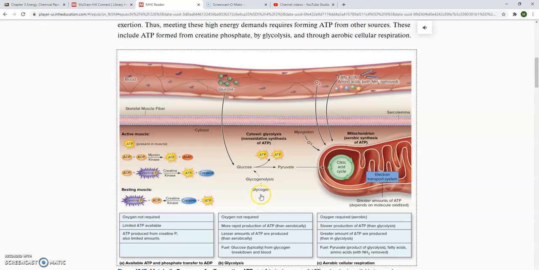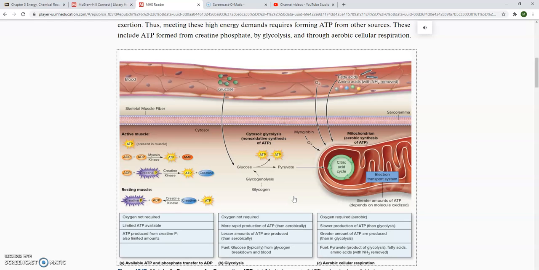But we can break glycogen down and release little individual glucose molecules, and that can provide the glucose for glycolysis too. All right, so again, this one doesn't require oxygen, similar to these. You do get lesser amounts of ATP compared to the last one we're going to talk about, but it's pretty rapid. So pretty rapid production of these.